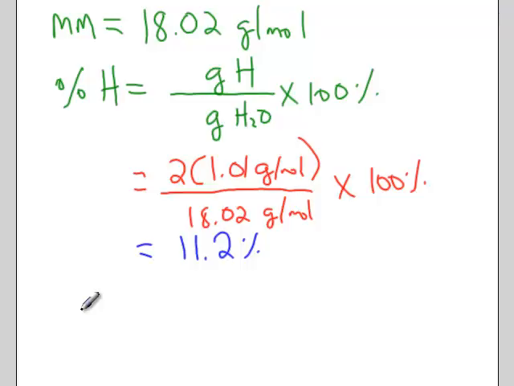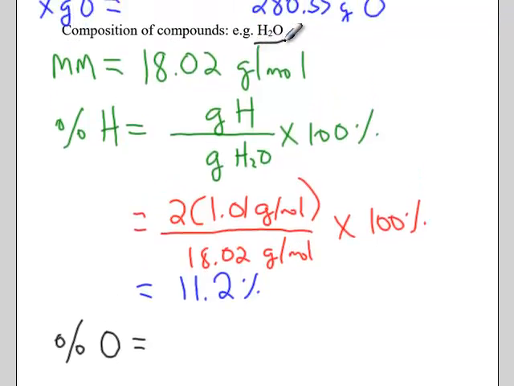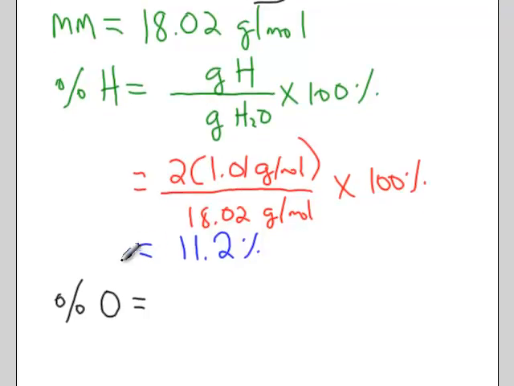You could do the percentage that's oxygen the same way. Or you know that the total, if you only have 2 elements that make this up, the total has to add up to 100%. So the percentage that's oxygen will be the rest, 88.8%.